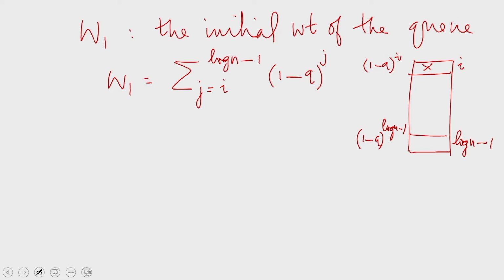Therefore, the total initial weight in the queue just prior to this removal is W1, which is sigma j varying from I to log n minus 1 of (1 minus q) power j. Let us consider the weight W2 that is there in this queue after this node has been removed.